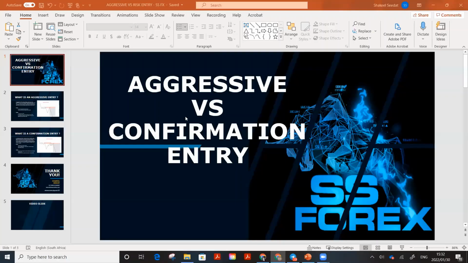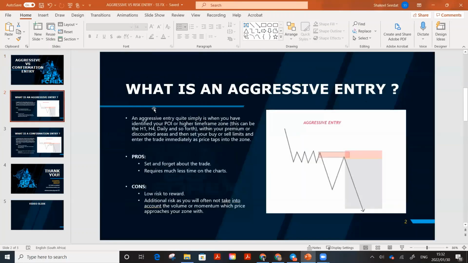All right. So basically, what are aggressive and confirmation entries? An aggressive entry, quite simply, is when you have identified your point of interest or higher time frame zone. This can be the H4, H1, and daily time frame, could even be a weekly time frame, but those are generally the time frames you look at to identify your higher time frame zones.